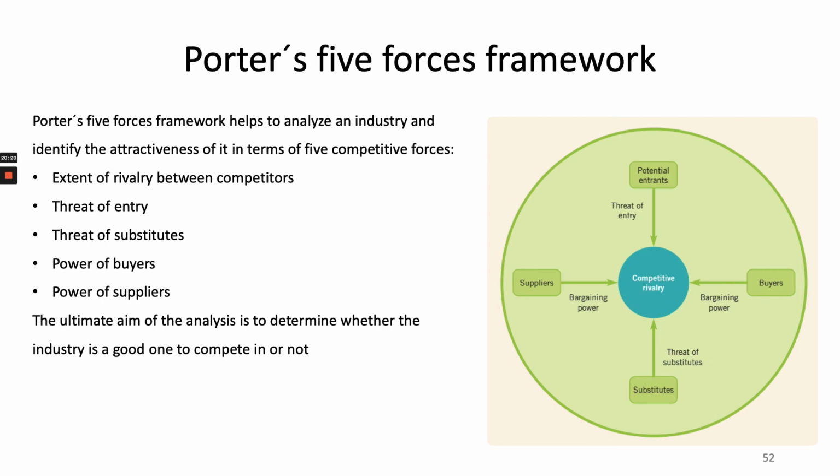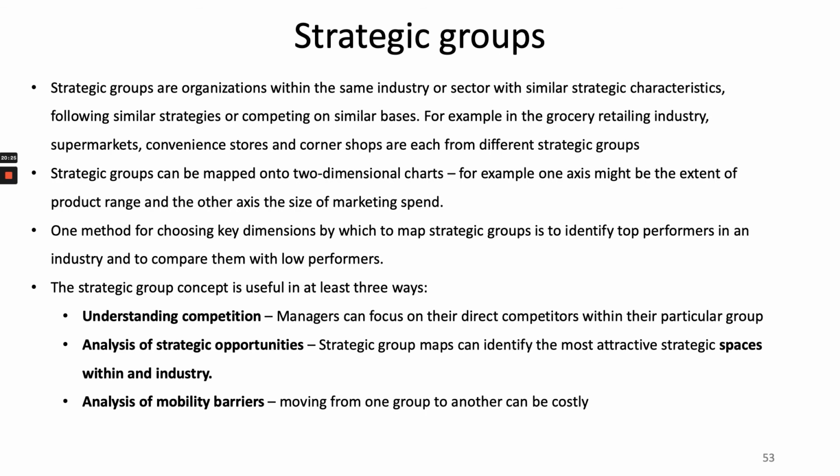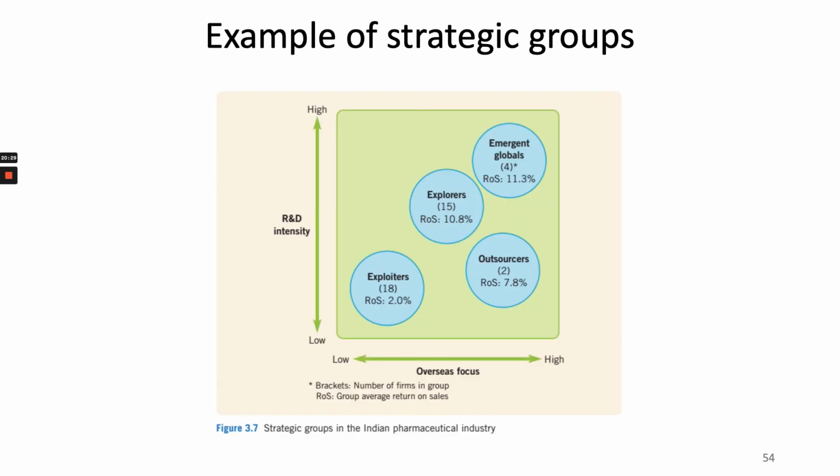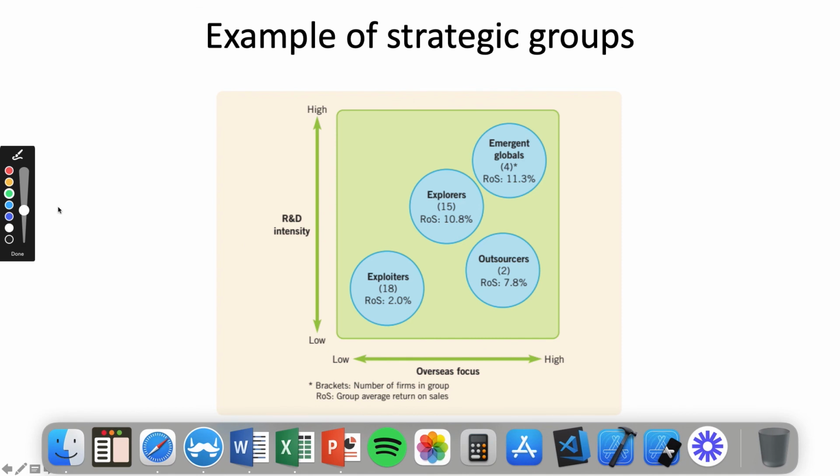This will give you an idea of the market you are actually facing. You can use strategic groups, which is an analysis of which competitors are close to you based on metrics, and those metrics are completely up to you to define.